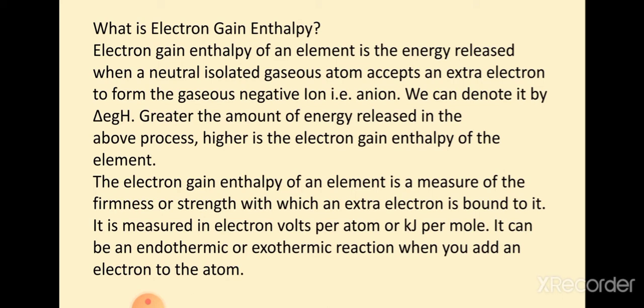In the concept of electron gain enthalpy, we refer to the reverse process. Thus, we have an energy associated with the addition of an electron, or even more electrons in succession, to a neutral atom.